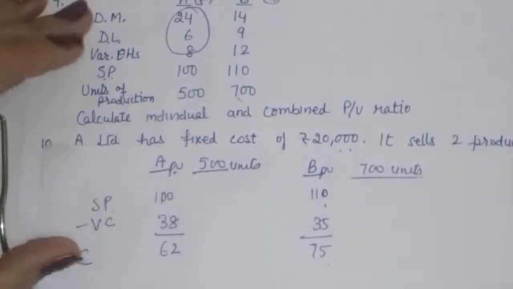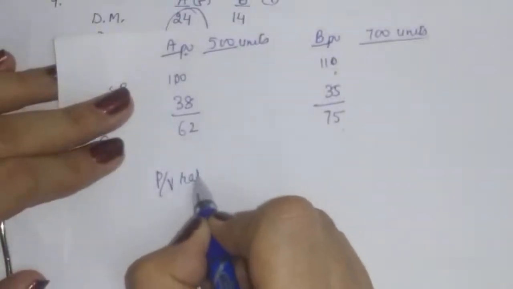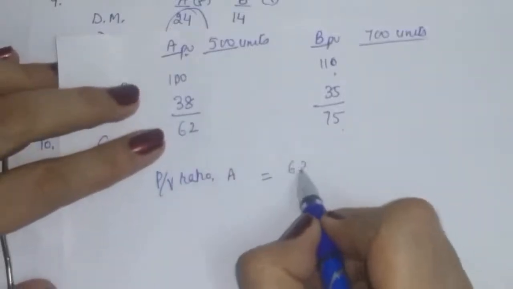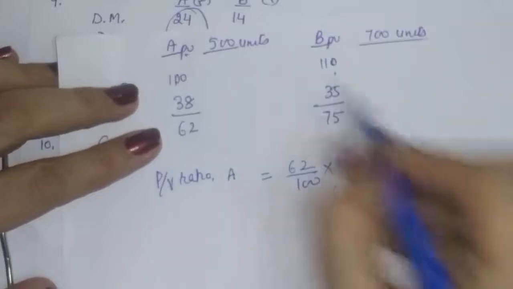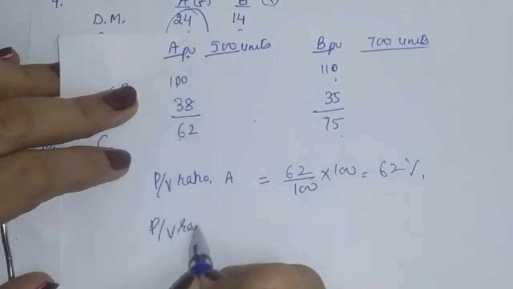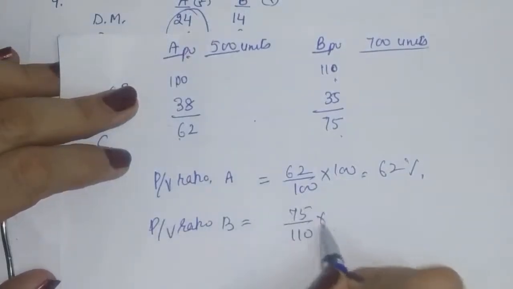So individual PV ratio will be, so PV ratio of product line A will be contribution upon selling price into 100. We don't need this total information. We have this with us. PV ratio for B is going to be 75 upon 110.